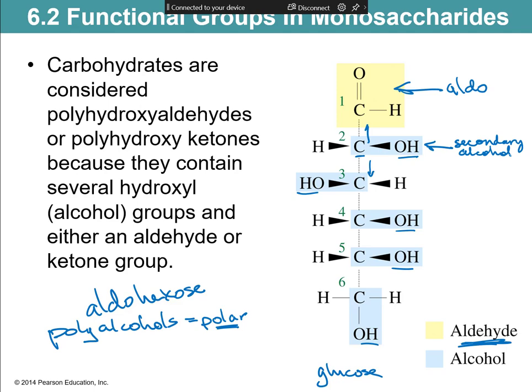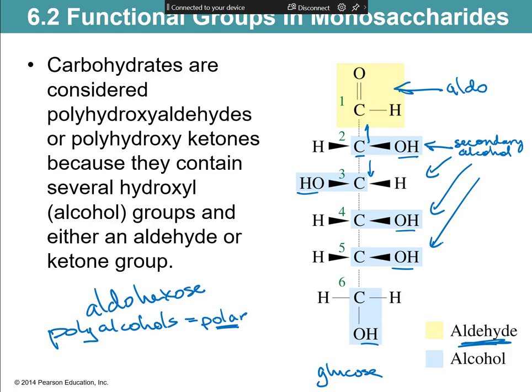What about carbon 3, 4, and 5? They're all secondaries. Do you see that they all have a carbon above and below the carbon they're attached to? So secondary, secondary, secondary. Now, how is the 6th one different? Carbon 6. If you look at the carbon that alcohol is attached to, how many carbons is it attached to? Only one, so it is a primary.